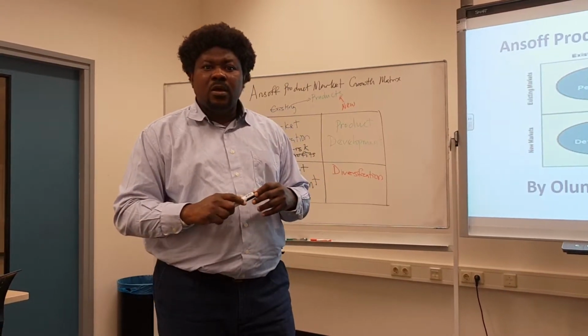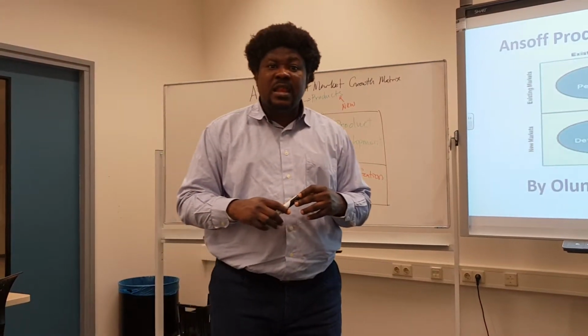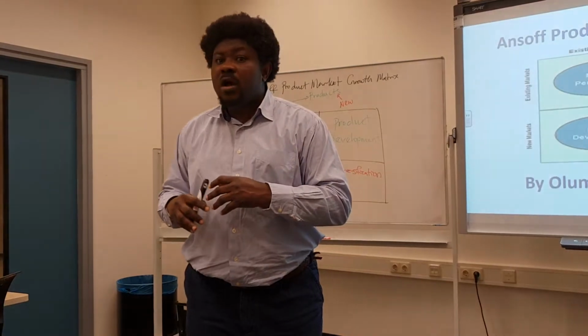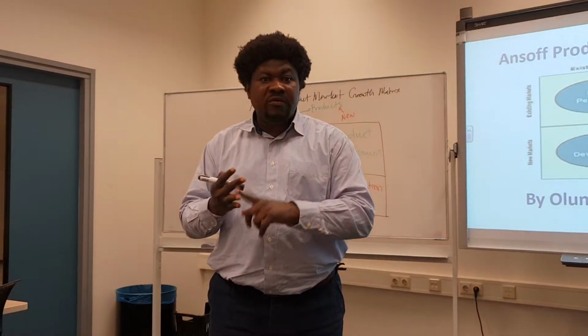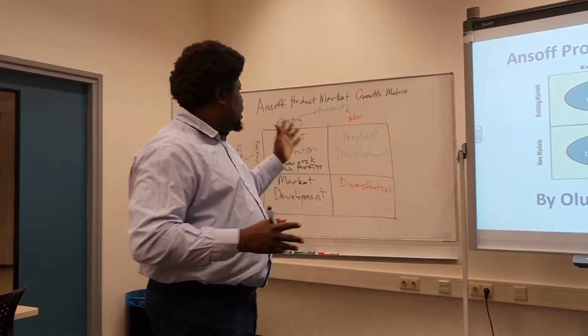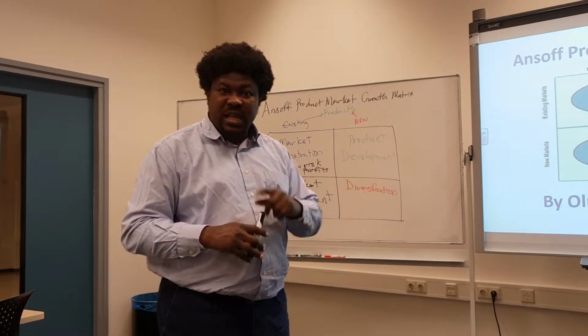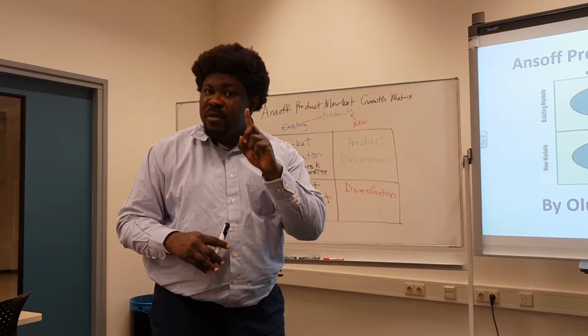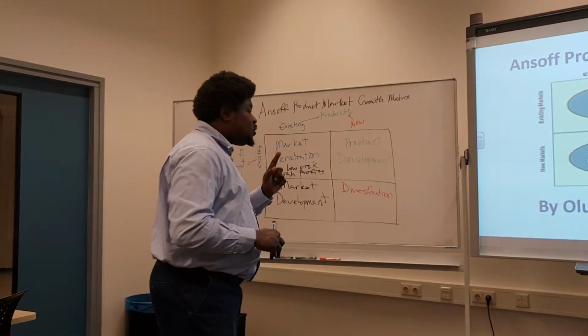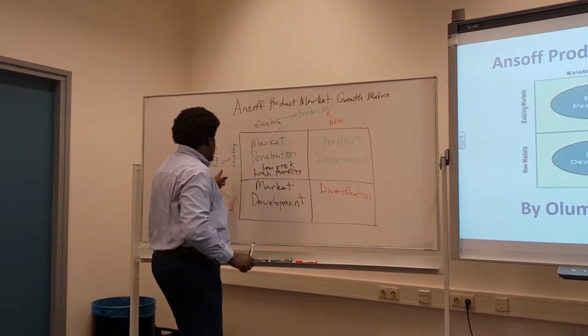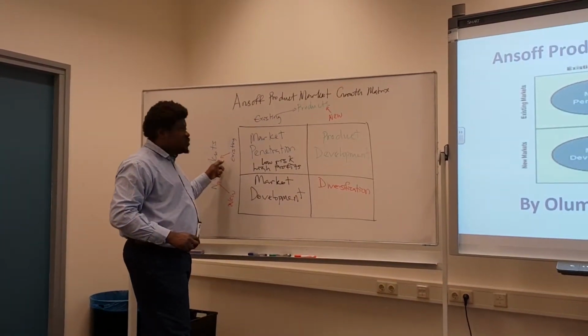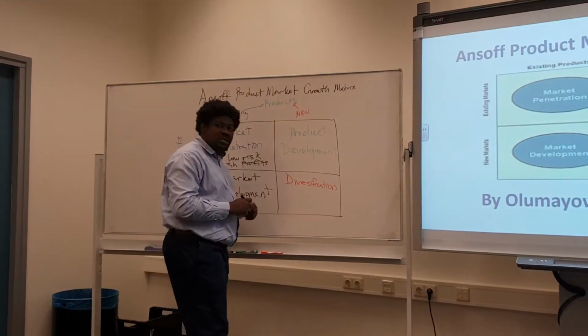Then Philips comes up with a new product, and they now begin to manufacture refrigerators. So whether it's your fridge or your freezer or coolers, now Philips begins to manufacture this. And that's a new product in the company, Philips. But Philips has not gone into any new markets, and that's where we have new products in the same existing Dutch market, and that is product development.